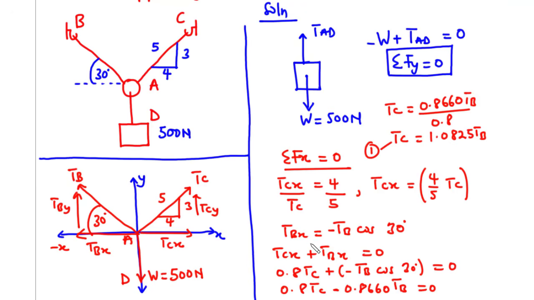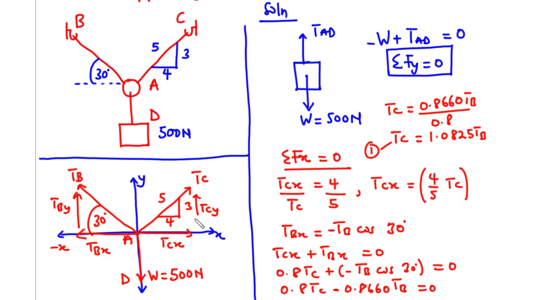Now let's call this equation 1. So for equation 1, we had TC equals 1.0825 TB. Now let's consider the forces along the y-axis. For the forces along the y-axis, we have TCY, we have TBY, and then W, which is the weight of the crate.